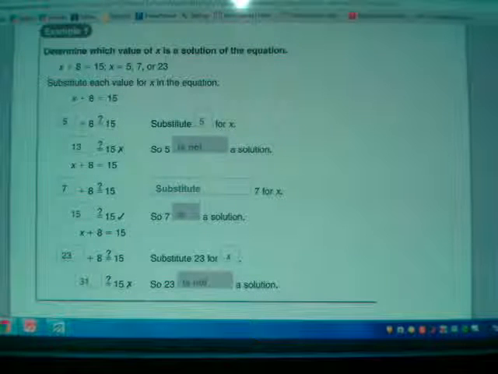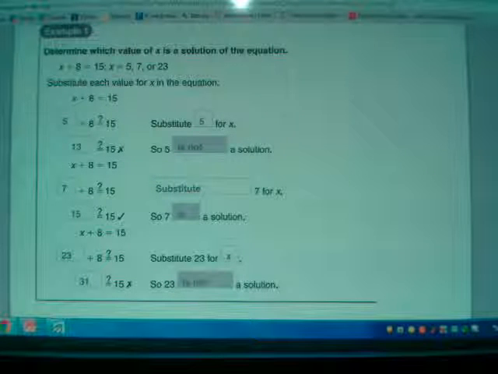Now, one thing I will point out before we continue is that what you don't want to do here is lull yourself into the mindset that there is always one solution. There is not always one solution. When we're looking at these questions where the variable is solo powered, meaning it doesn't have an exponent, usually you would only have one solution.